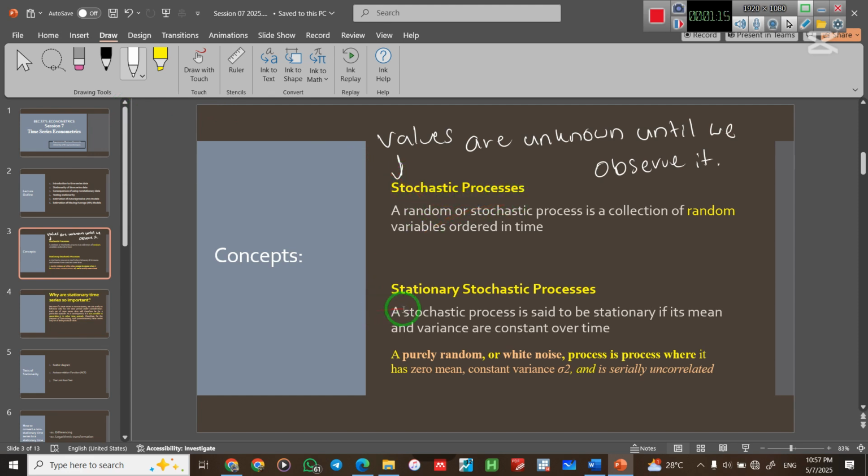If we move to the second step, it is about the stationary stochastic process.